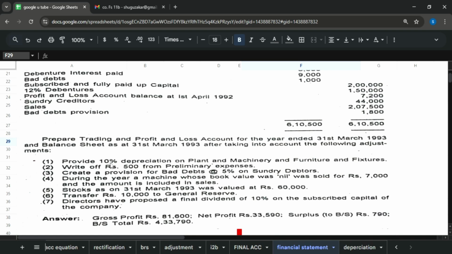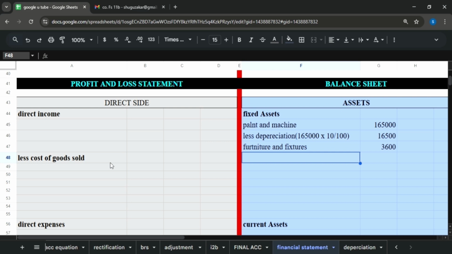Look at here. Similar to above, we will calculate its depreciation. 3600, and then 10% would be calculated. Now please let me know what was 3600. It was the value of your asset, that means furniture and fixtures.